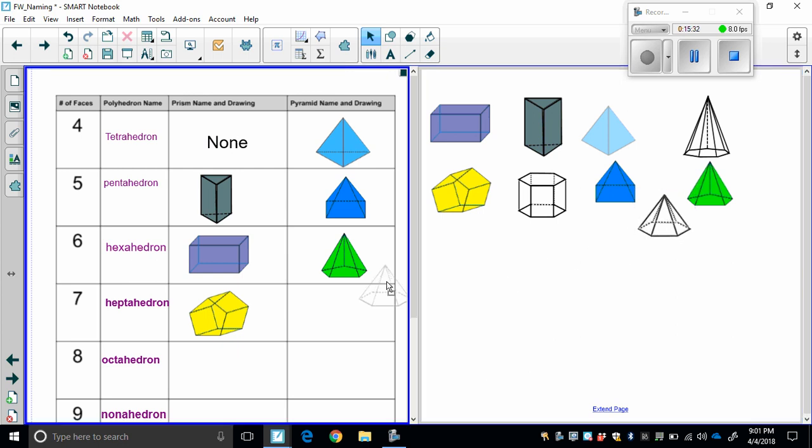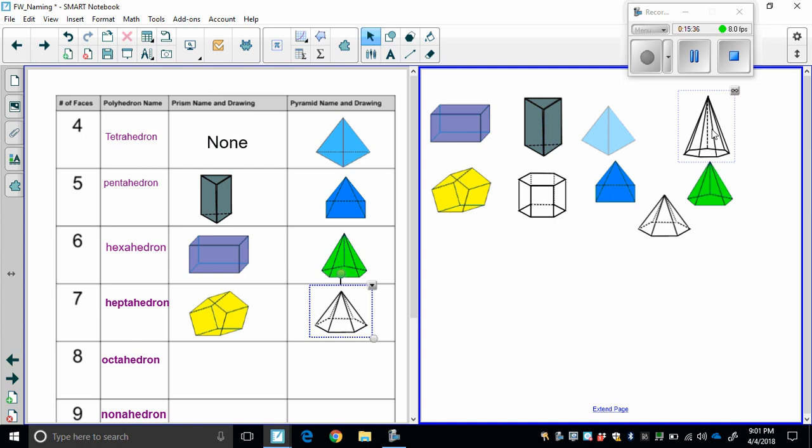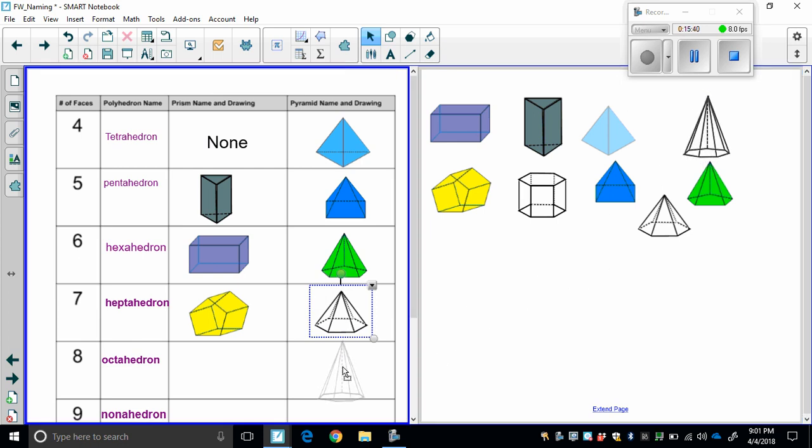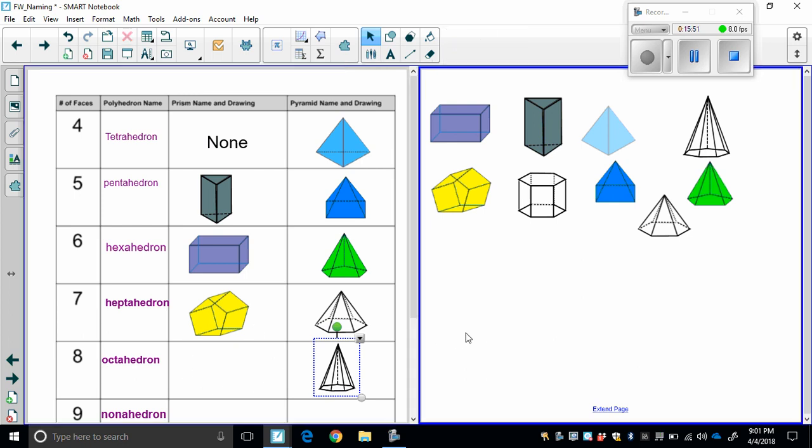So that would be this. And then this last one, you have to look a little closer, has a 7-sided polygon on the base and 7 triangles. And I didn't continue the chart, but that should give you kind of a good feeling.